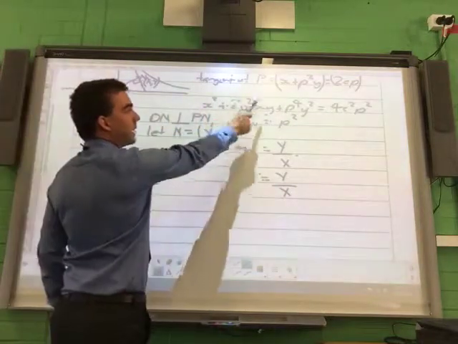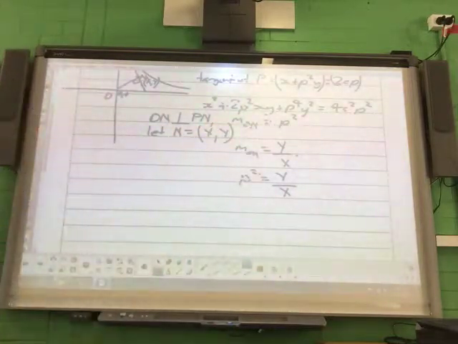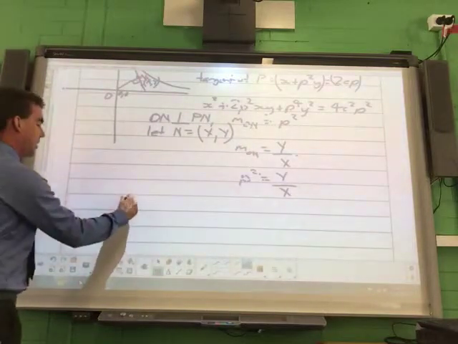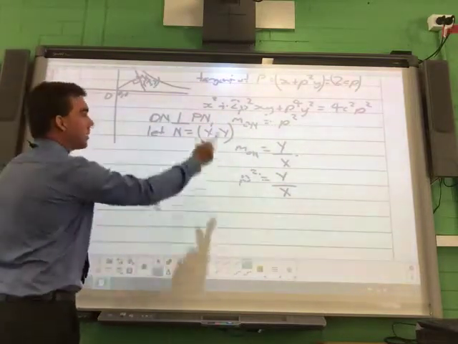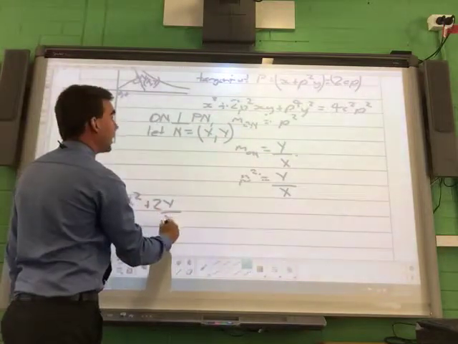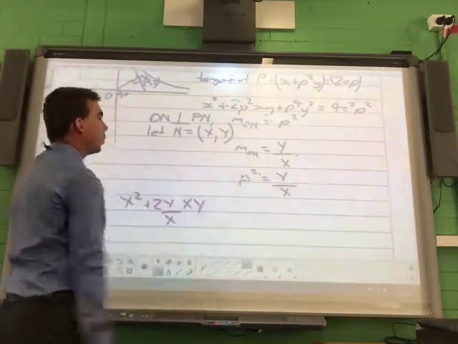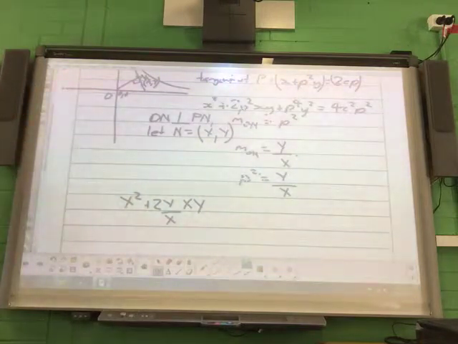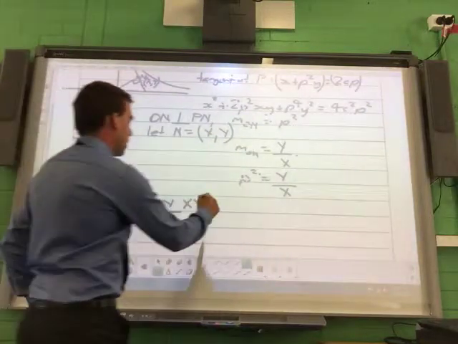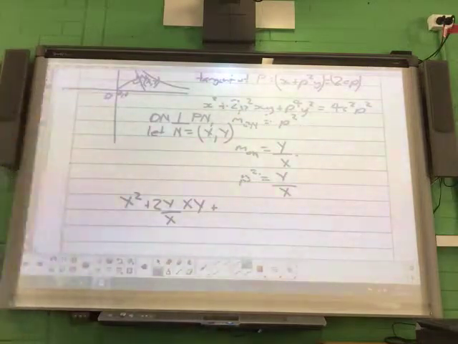Every time there's little x, little y, I'm going to replace it with capital X, capital Y. And p squared is going to be replaced by Y over X. So X squared plus 2 p squared, which is 2Y over X, times XY, capital X, capital Y. So we're substituting our point into the equation of the tangent, plus p to the power of 4, which is p squared squared.